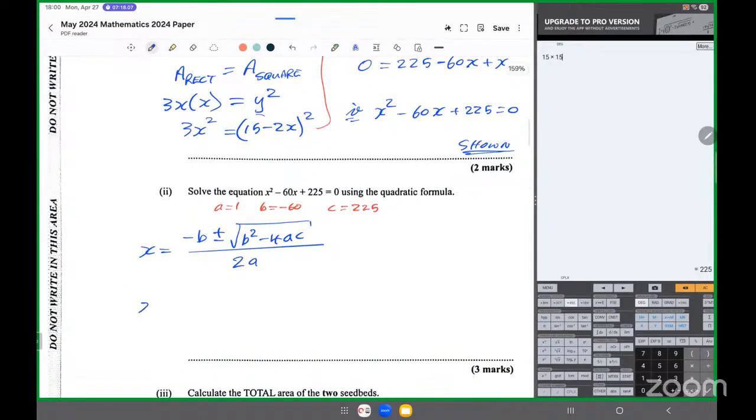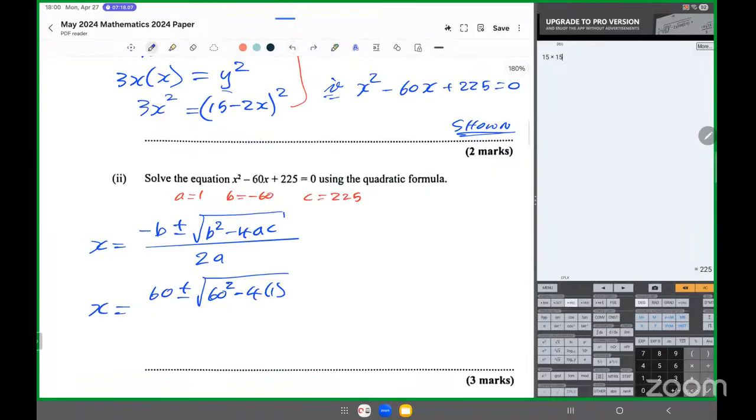So x becomes minus b, that's minus a negative 60, which becomes a positive 60, plus or minus the square root of b squared, negative 60 squared, same as 60 squared, minus 4 times a, the a is 1, times c, the c is 225, and they divide all of that by 2 times a, and the a is 1.